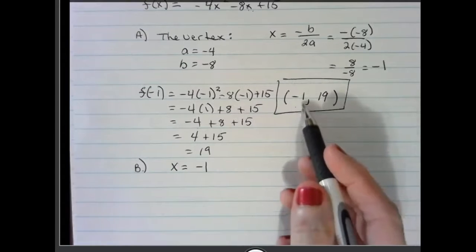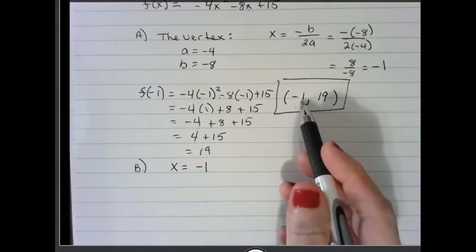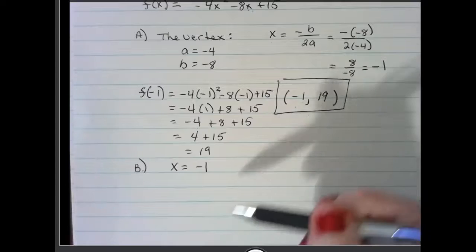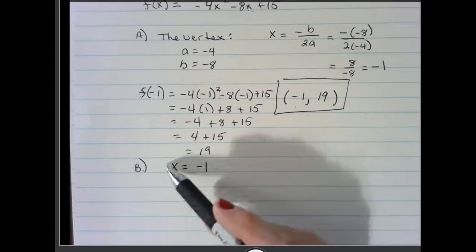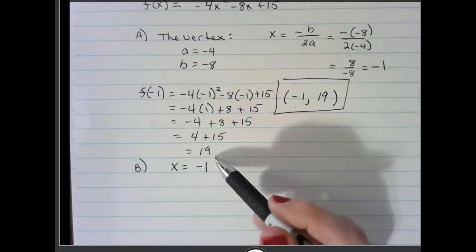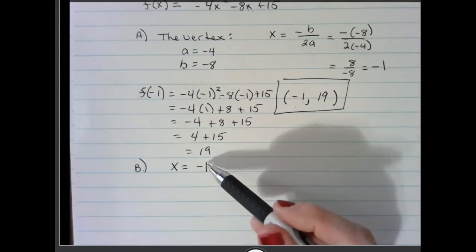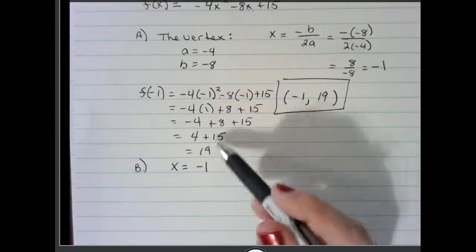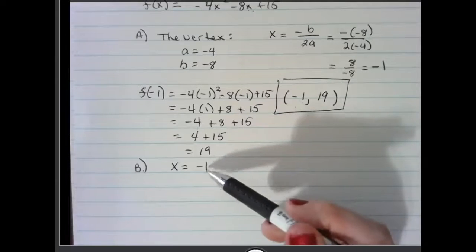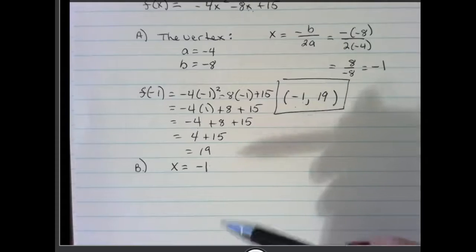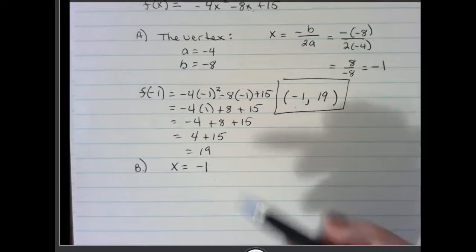Because think about it, if you graph this, this is the vertex. The vertical intercept is going to go through that point. It's a vertical line, so it's got to go through this x value. Actually, it's the line of symmetry is what we call that, because they happen to be calling it the vertical intercept.